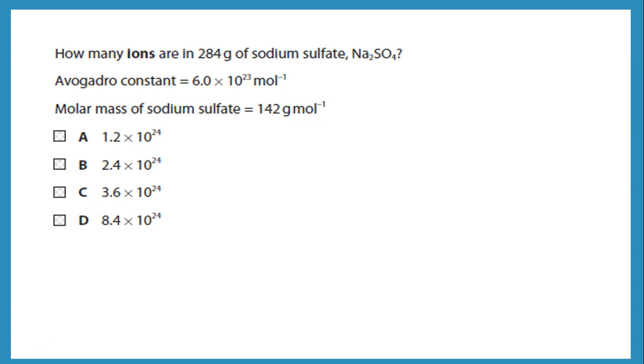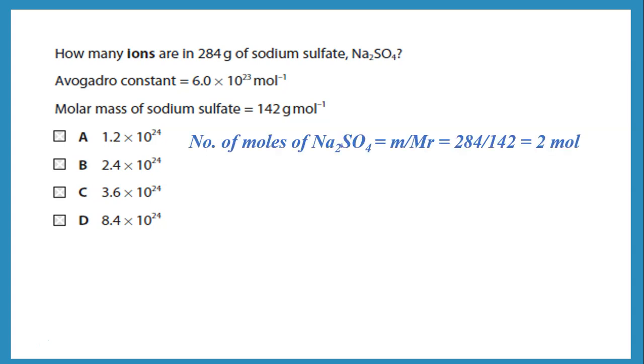So what do we have? We have 284 grams. I need to get number of moles. Number of moles is mass over molecular mass of the sodium sulfate, and we're given, so that gives me 2 moles. We're asked to get how many what? How many ions? Now, I have 2 moles of sodium sulfate. Now, each sodium sulfate has how many moles of ions?